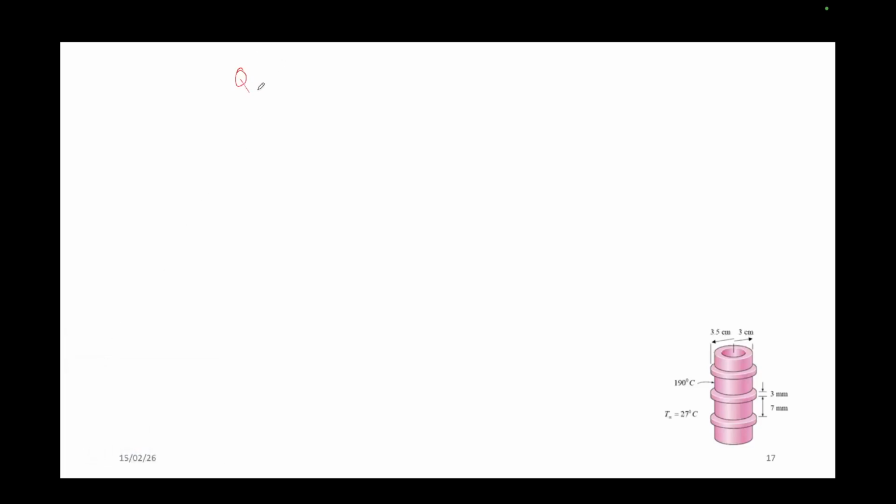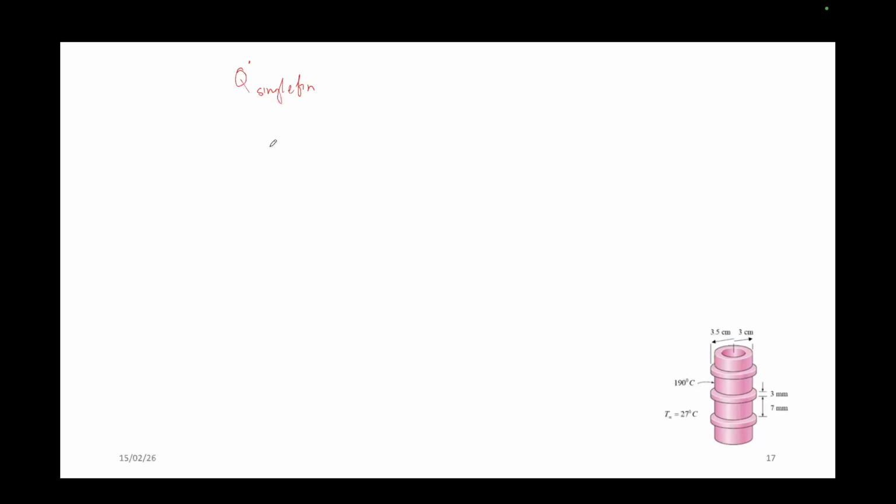Q single fin, right? So you basically know this formula, which is convection heat. Why does the heat flow? Because of convection. That is known to you. The formula is h A (T base minus T infinity). That you know. But the main thing is the area here.